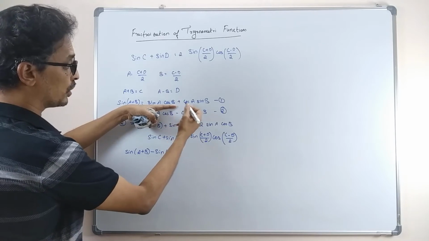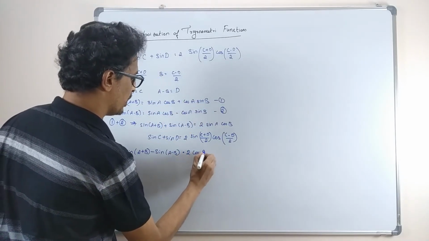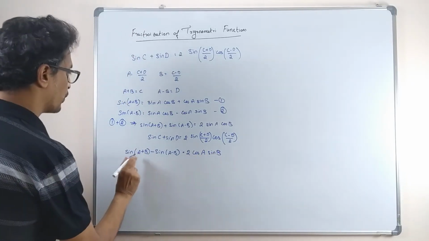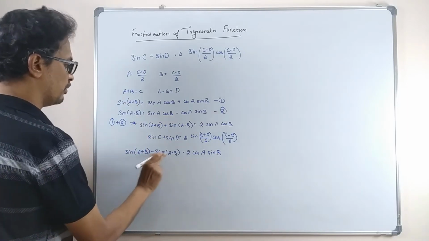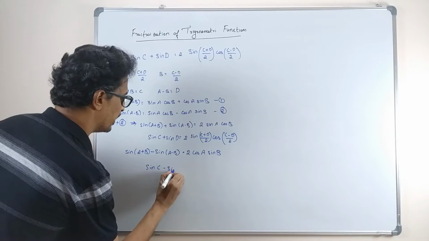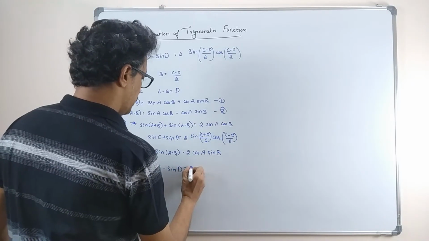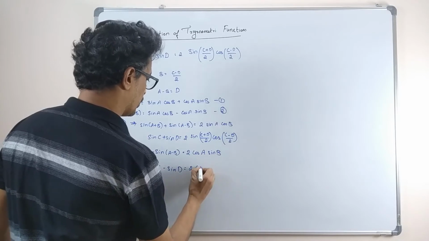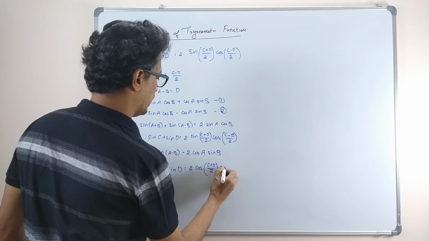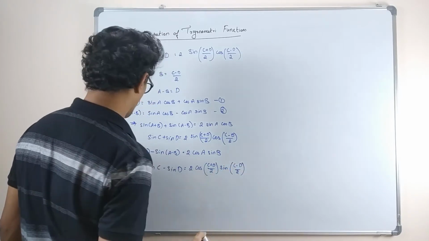So you get 2 cos A sine B. Now substitute the formula. A plus B is nothing but C and A minus B is D. So sine C minus sine D will be equal to 2 times cos C plus D by 2 and sine C minus D by 2. So these are the two formulas, you can get it.